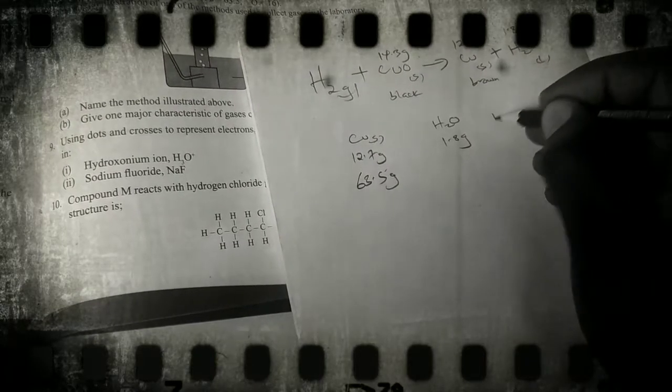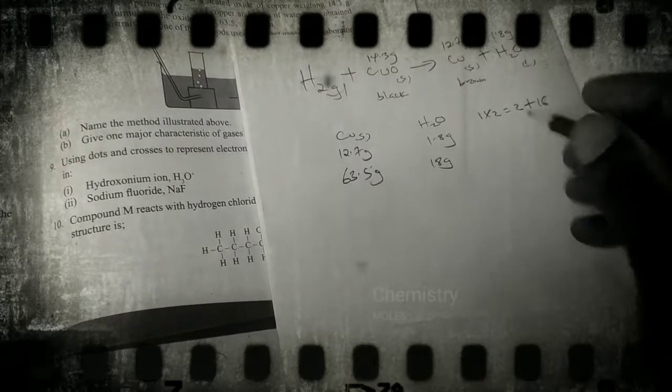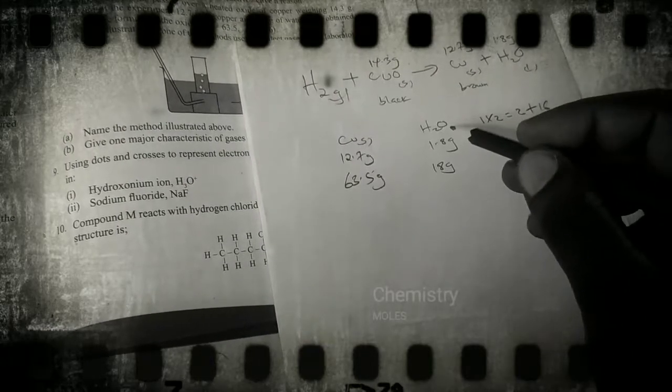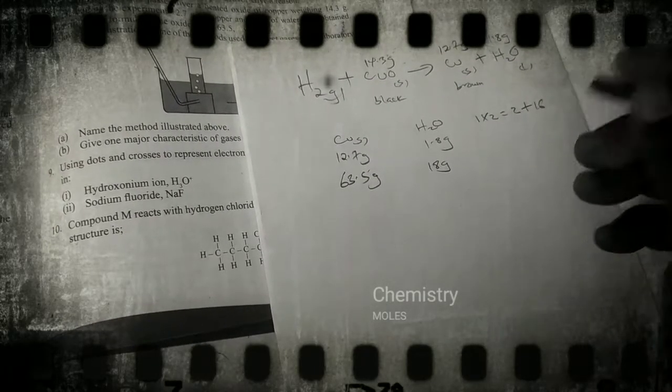Hydrogen here is a diatomic, so it is 1 times 2 to give us 2, and oxygen has a relative atomic mass of 16 to give us a total of 18 grams as the relative molecular mass. So we are told to determine the formula of the oxide, and as you can see here, we have water. We don't know the grams of hydrogen and oxygen.